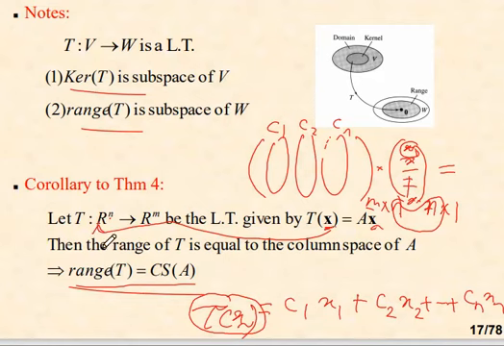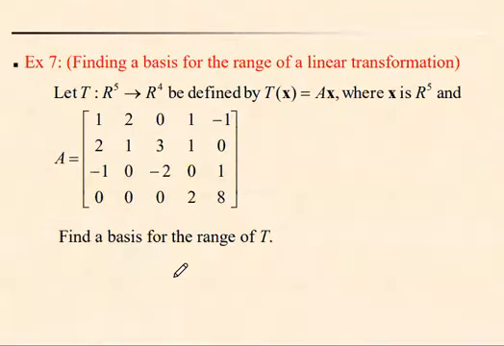So the range is the column space of A. Look at this. This transformation is given in terms of matrices. A is given. X is a general element in R5.